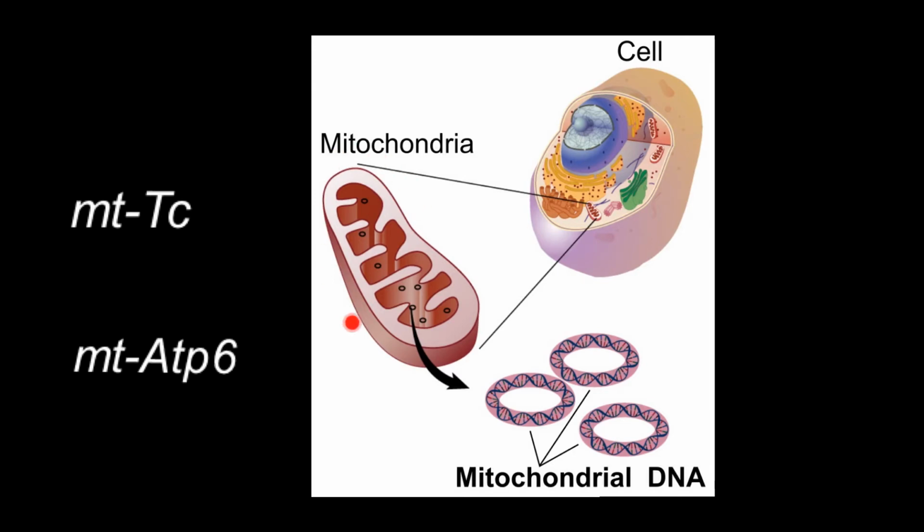Actually, in order to operate, mitochondria would need many more genes, many more proteins. We can find within each mitochondrion about 1500 proteins, but those proteins would be encoded by the nucleus, and only 37 genes are left on the chromosome that we can find in the mitochondria.